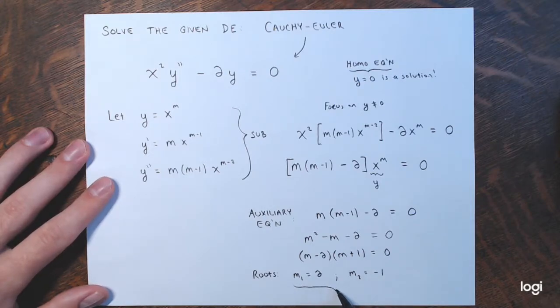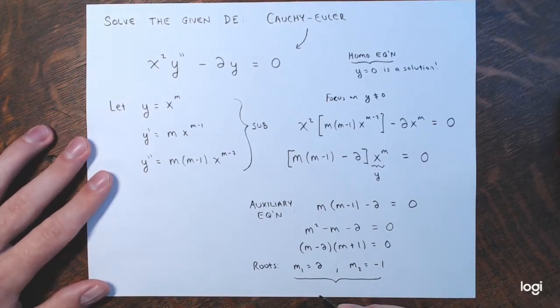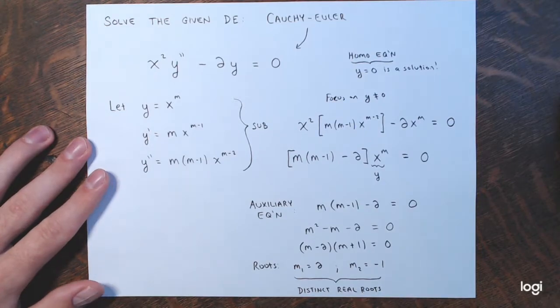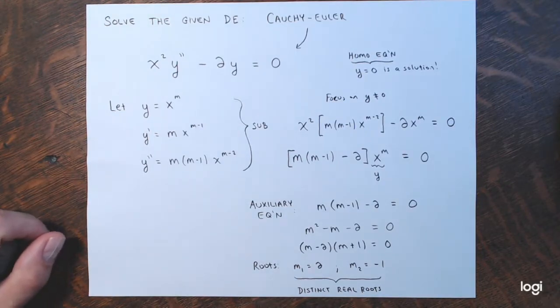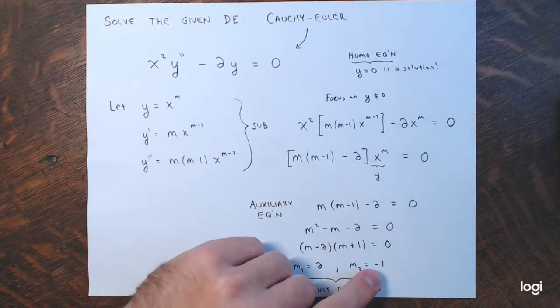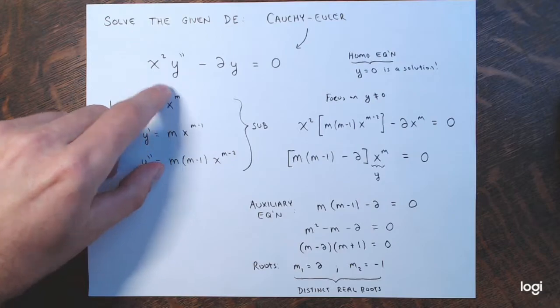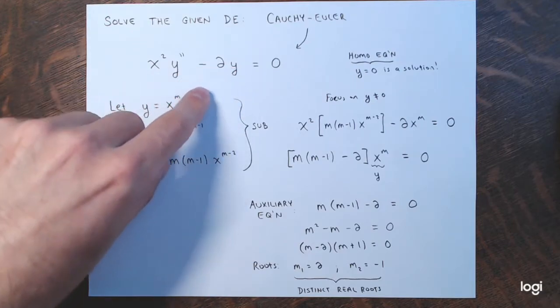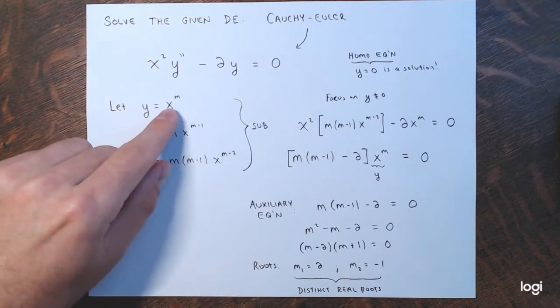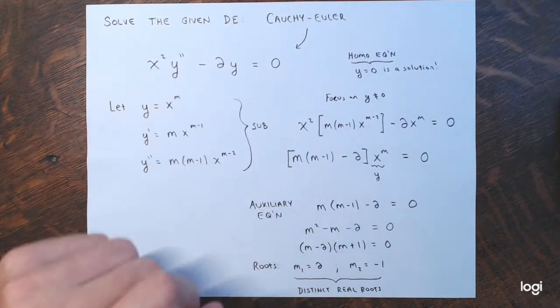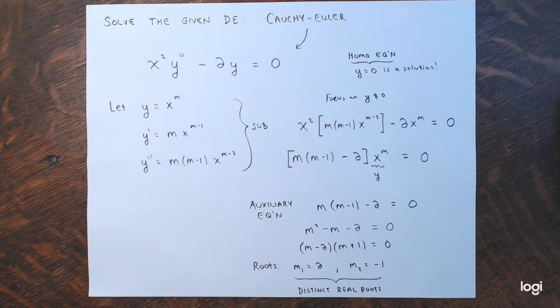And so I have that first case that I mentioned earlier in the video. We have some distinct real roots, no imaginary part. And that means that, replacing m with 2 and m with negative 1, y equals x squared is a solution, and you can verify that. Also, y equals x to the negative first is a solution, and you can verify that as well. And if that's the case, any linear combination of those is also a solution.